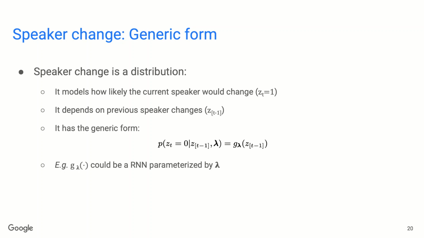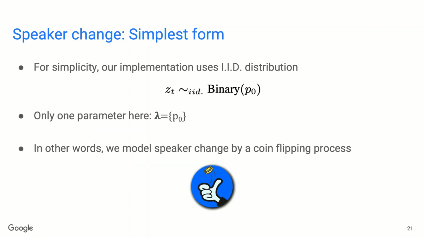This distribution can be anything. For example, it can be a recurrent neural network. To start with, we use a very simple form. We assume each z follows an independent and identical distribution, which is a coin flipping process. In this case, there is a single parameter p0 for the head of the coin.